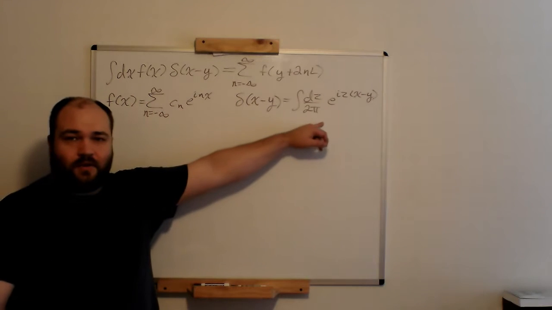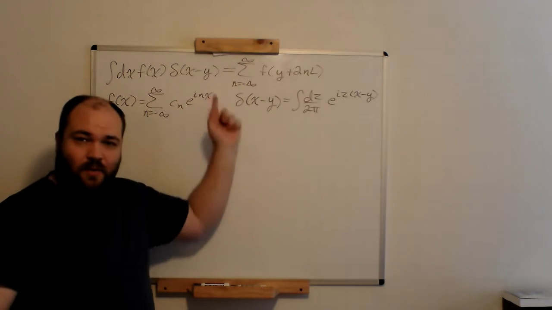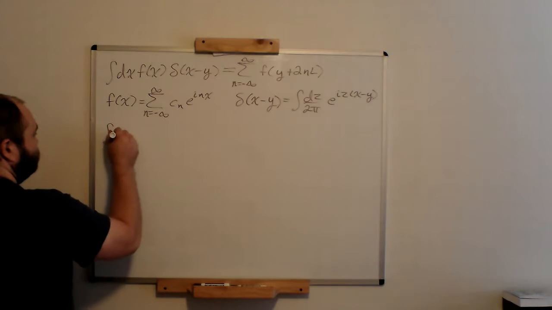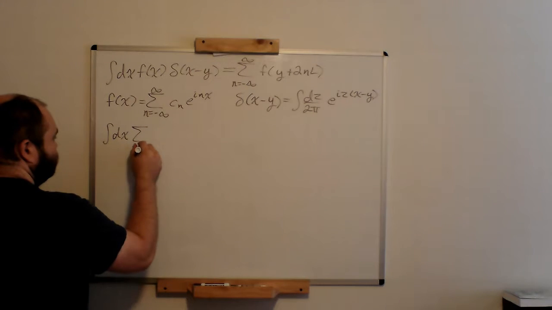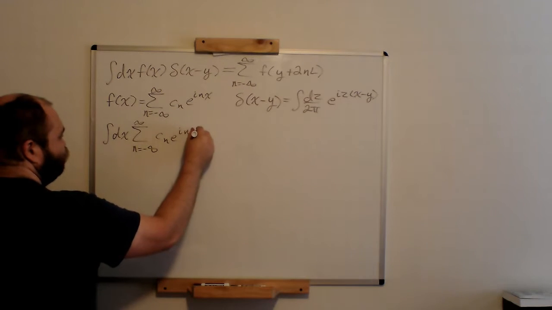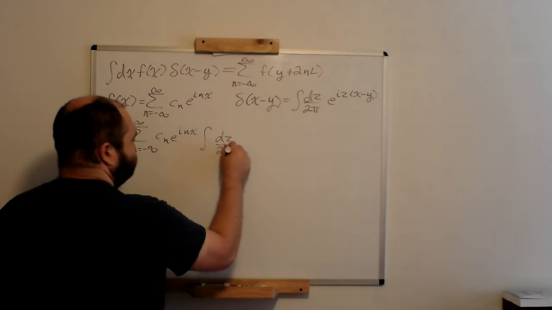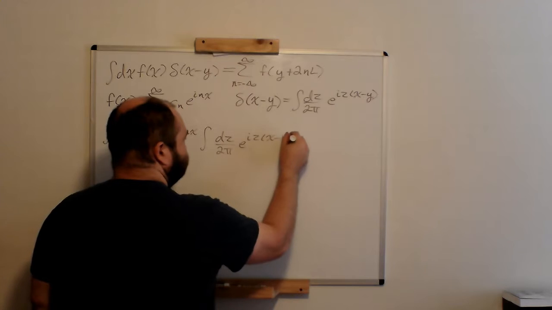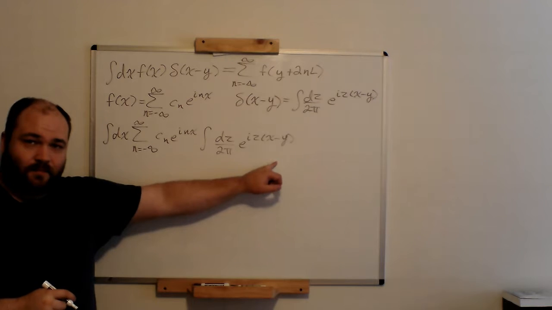and so this is our Fourier transform definition. So now all we do is we put these identities into our original equation. So now we have this.